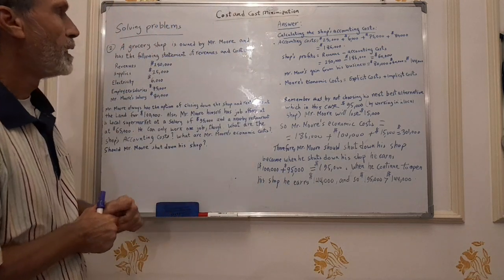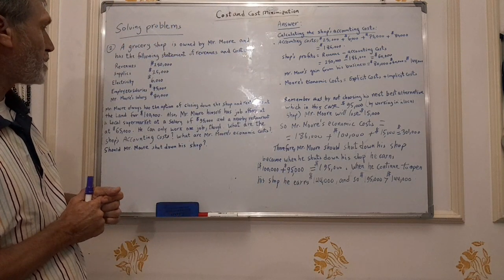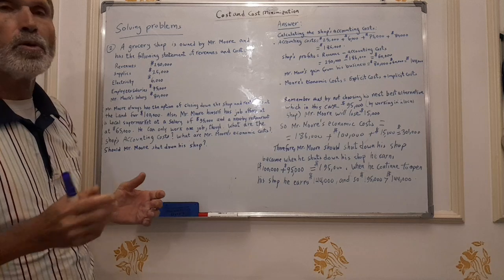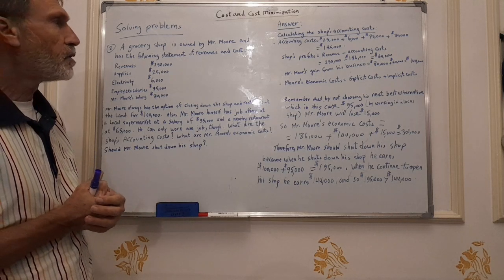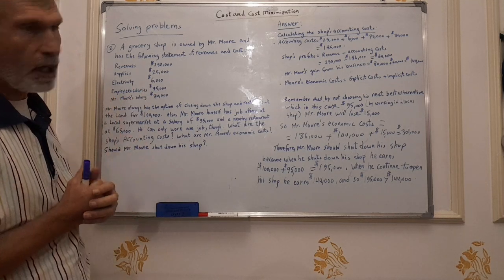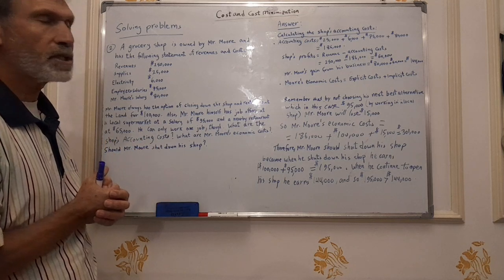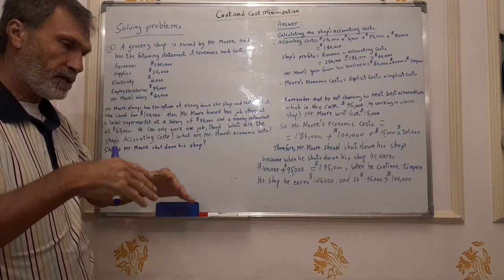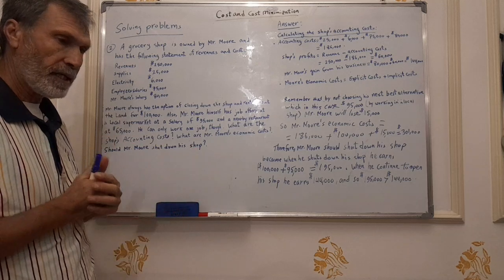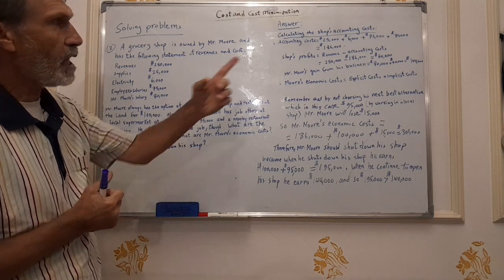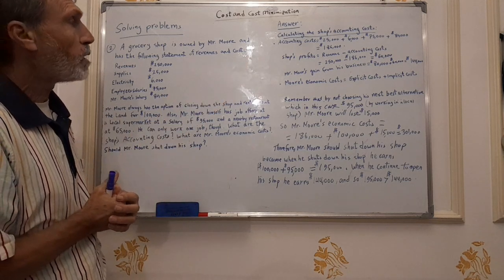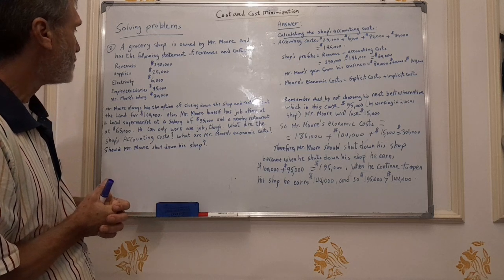Okay. Now, we need to look at Mr. Moore's gain from this shop, from his business. What is Mr. Moore's gain? We know that the shop's profit is $64,000. But what about Mr. Moore's gain?